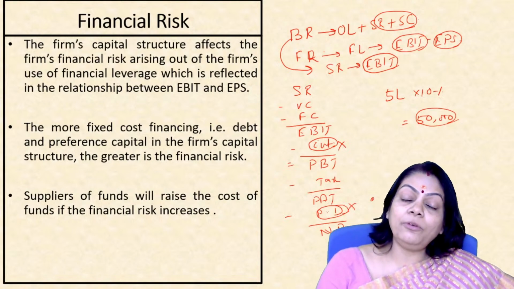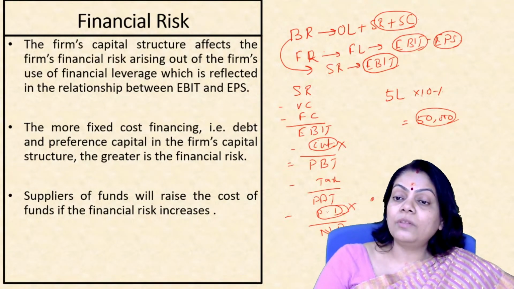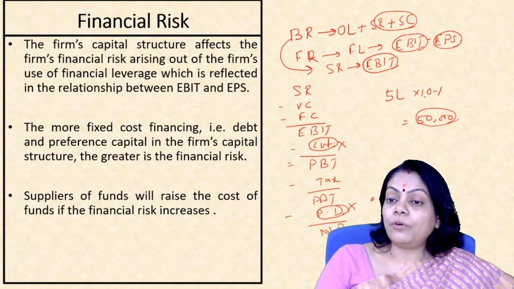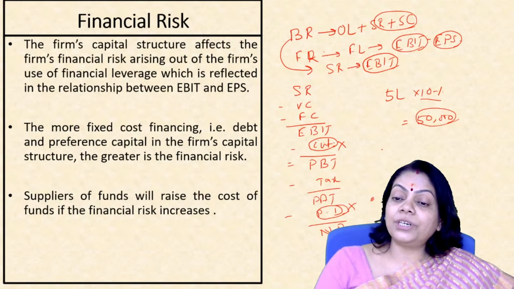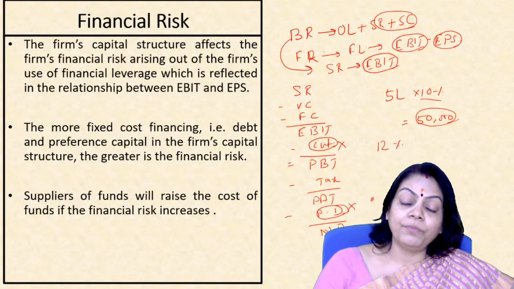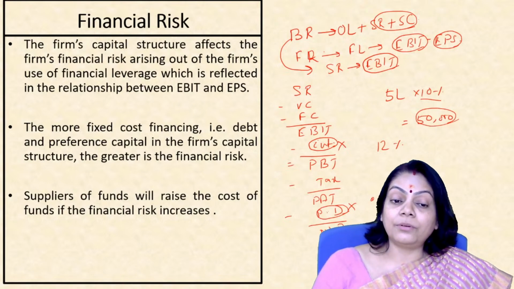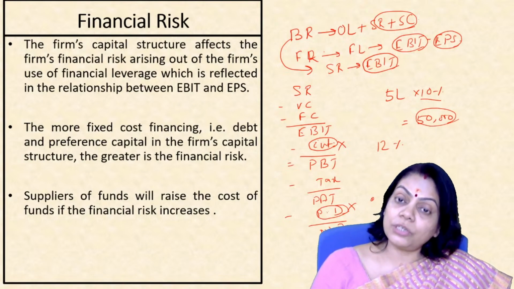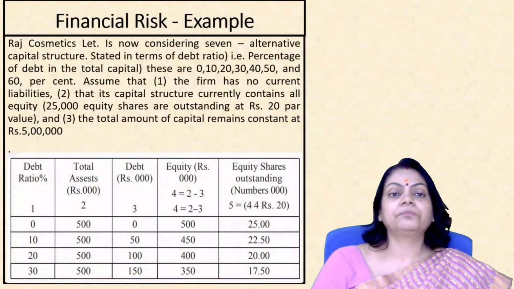The next time you approach the party for a loan, if you already have a lot of loan and preference dividend, they will not give you a loan at a 10% rate. Might be they will revise their interest rate to 12% or more. So the suppliers of funds will also raise their cost if you have financial leverage.